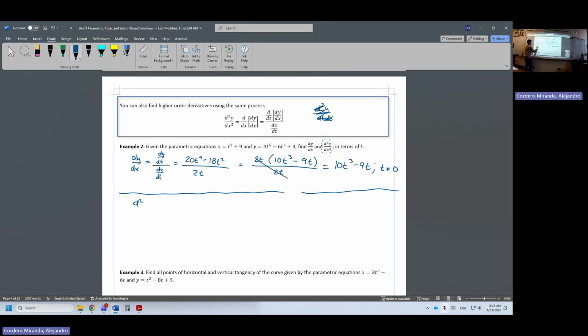So the second derivative of y with respect to x would be just like you would have imagined: take the derivative of that, which is 30t squared minus 9, but then over the original dx/dt.